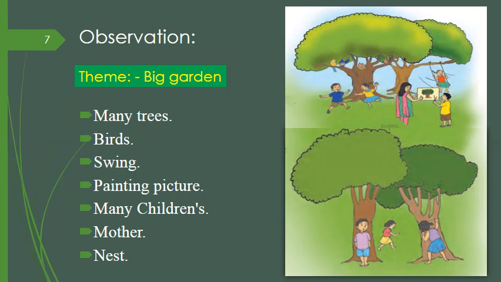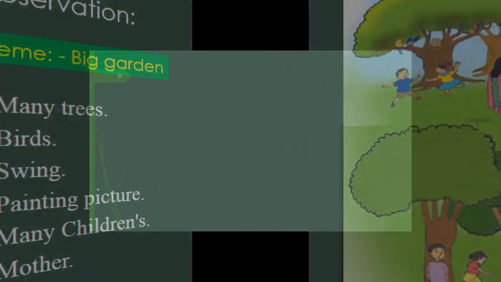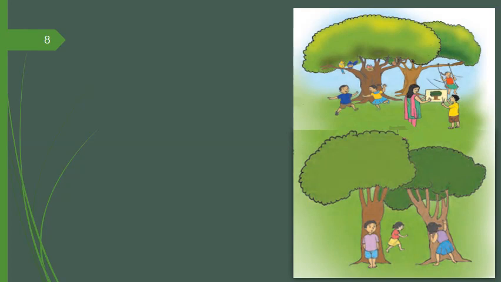For you, I have a picture here and you have to observe this picture and frame sentences to write a picture composition on your own.